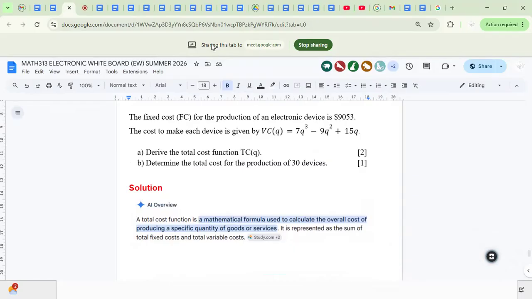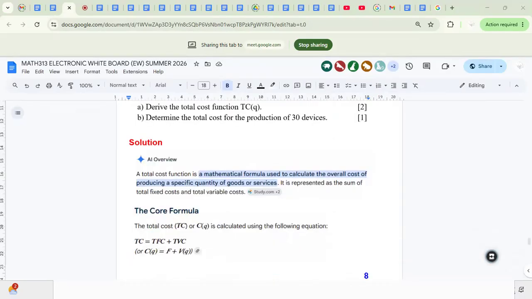Sum means to add. The total cost, or cost of Q, Q is for quantity, is calculated using the following equation. Total cost is equal to total fixed cost plus total variable cost, or C of Q is equal to F plus V, fixed plus variable.